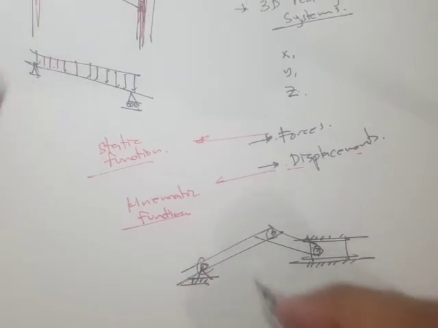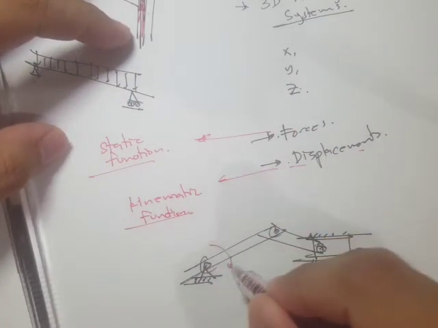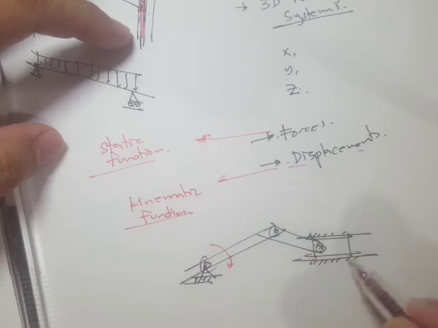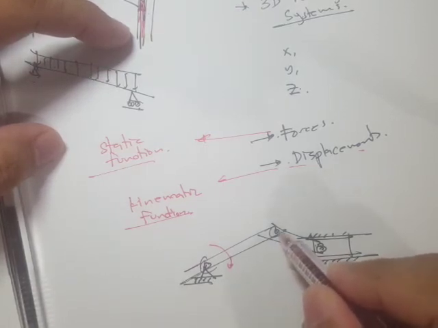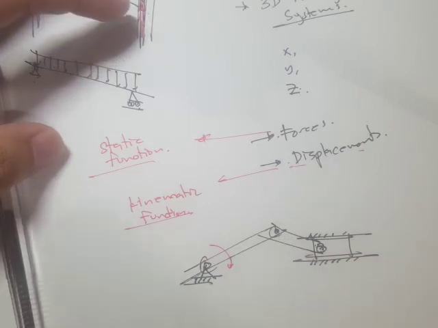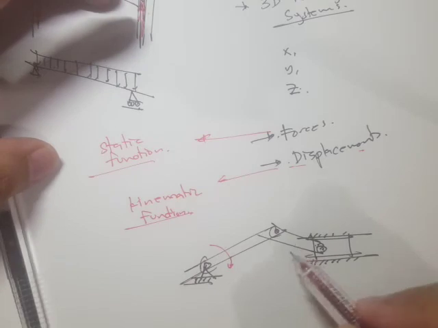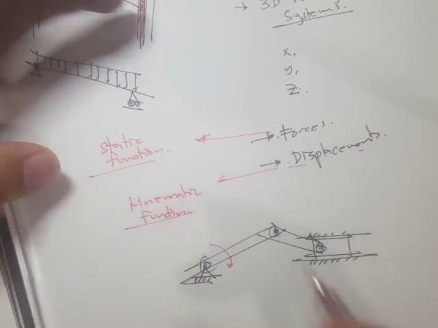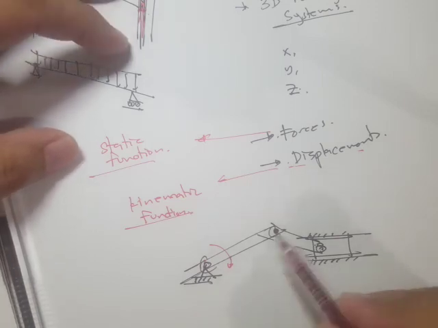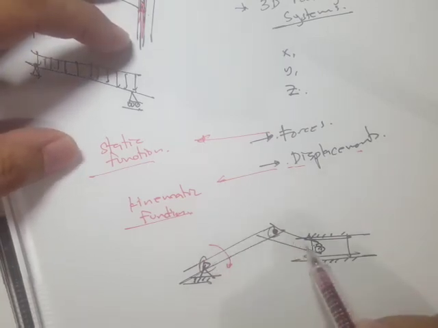So as this link rotates, the displacement of this, in this type of joint, it is actually preventing the relative movement between this member, link 1, and link 2.